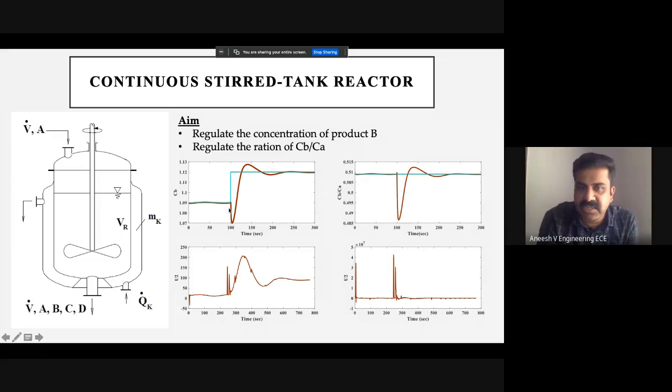The concentration comes down, but suddenly it rises, and it becomes stable in minimum time, in 100 seconds. Similarly, for every case, our process, the continuous stirred tank reactor with the backstepping controller, will work fine.